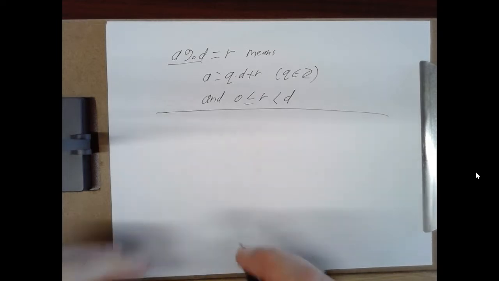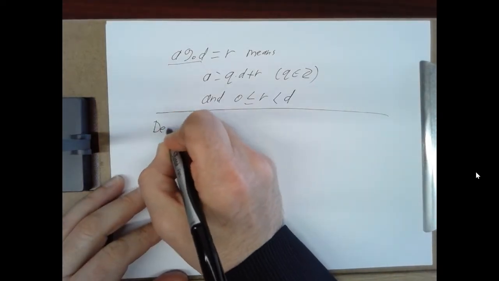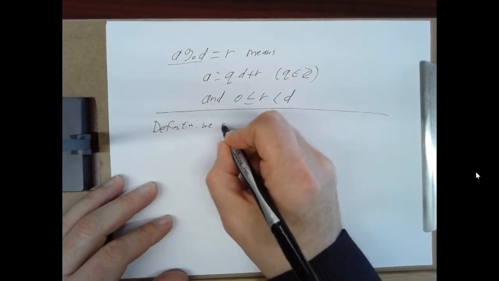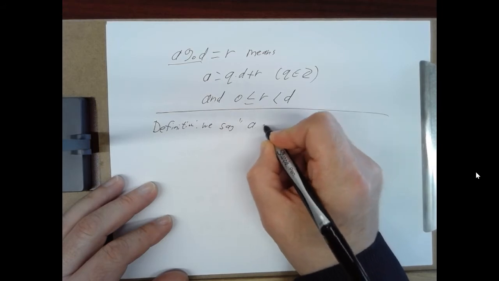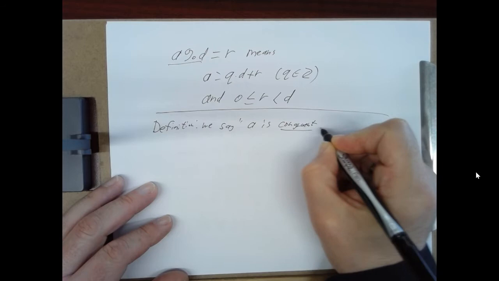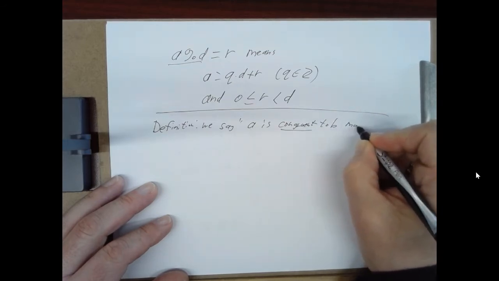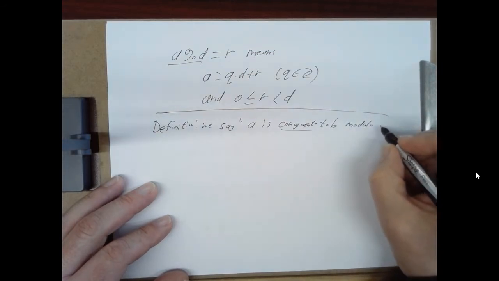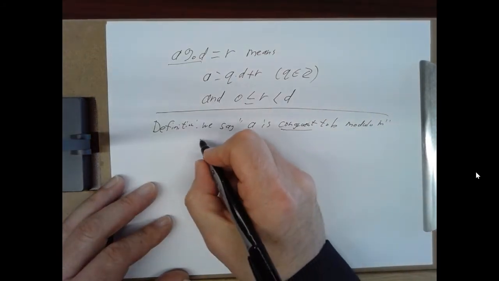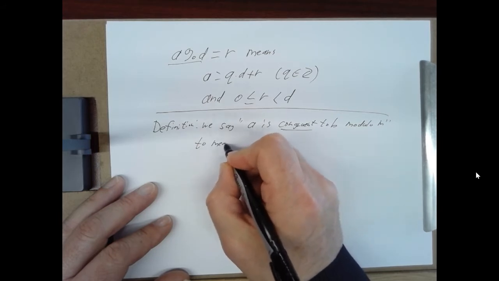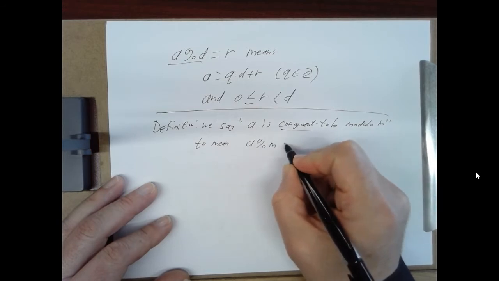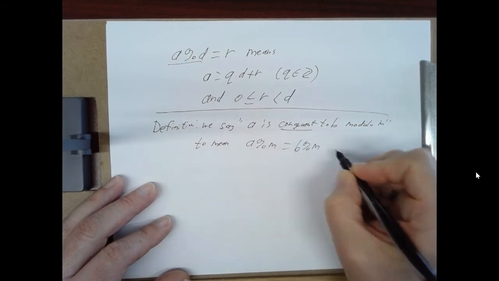All right, so let's have a definition. We say A is congruent to B modulo M to mean basically that A mod M and B mod M have the same value.